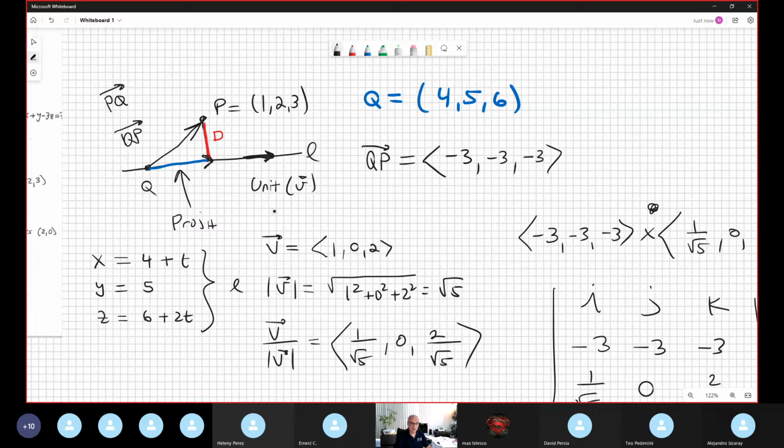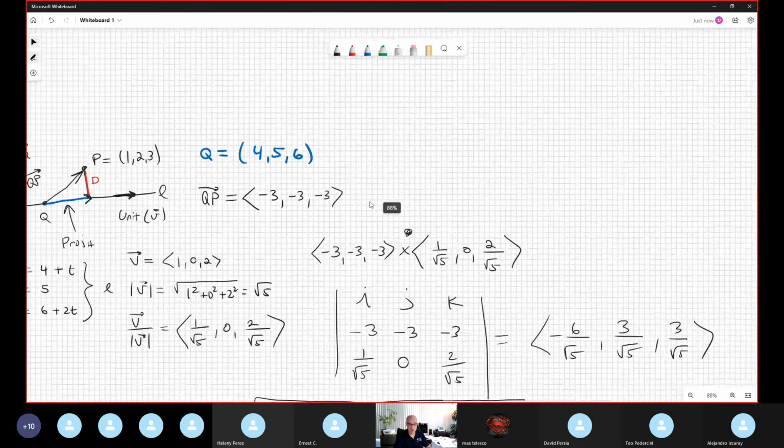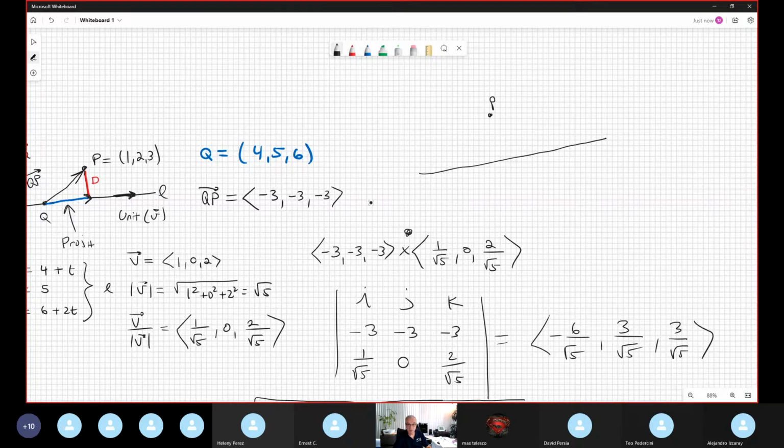Another possibility is, take advantage not of the unit vector b, but the vector b. Let me do another sketch because this sketch is too complicated. It's the same sketch, but only the line and the point P. So one possibility is to take advantage of the direction vector of this line, and we suppose that this is equal to the normal vector of a hypothetical plane passing through this point.